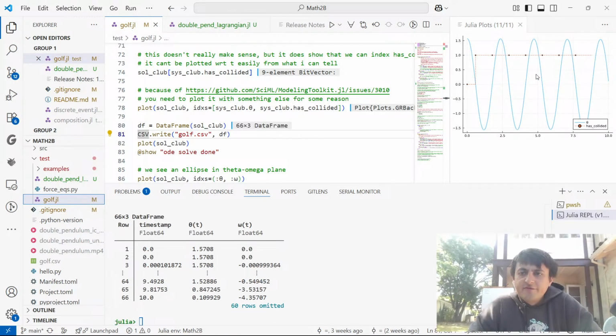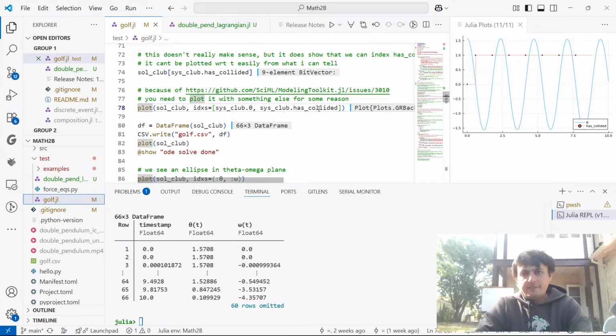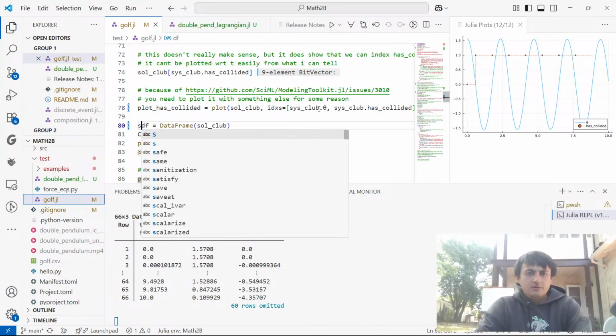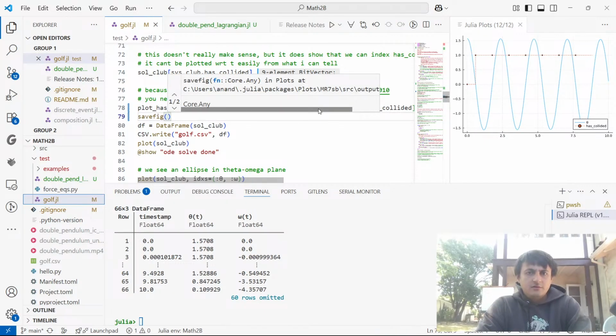This is one of my favorite plots. I want to save this plot. How do I save the fig? Has collided.